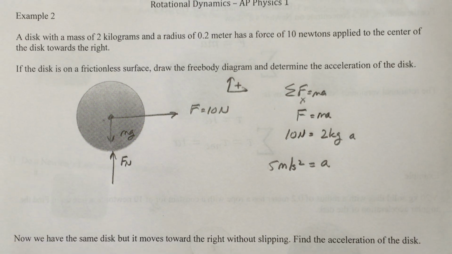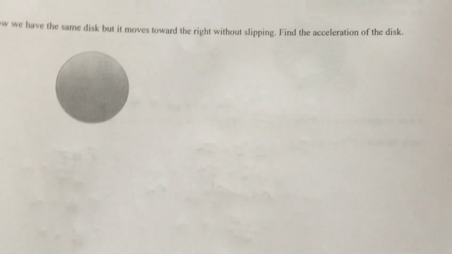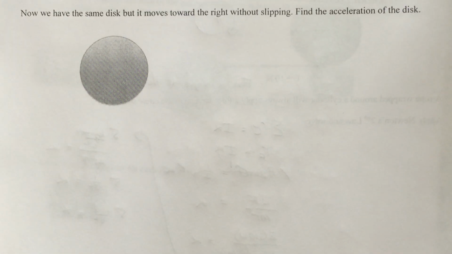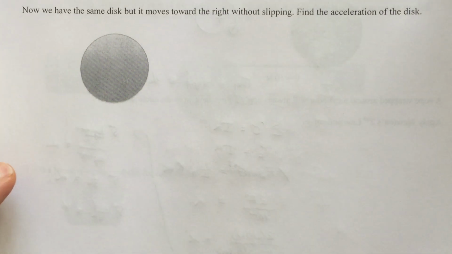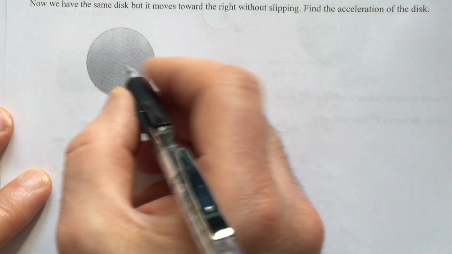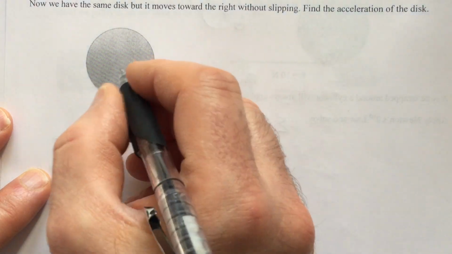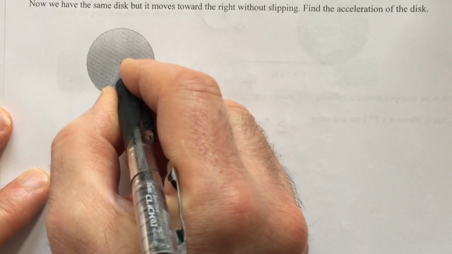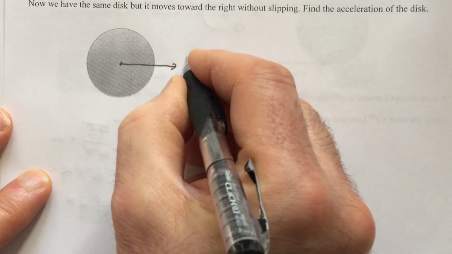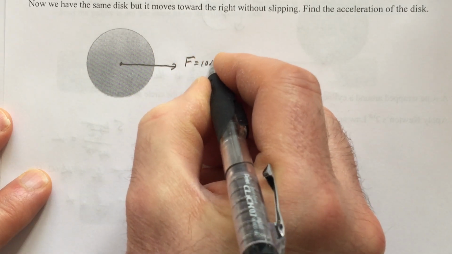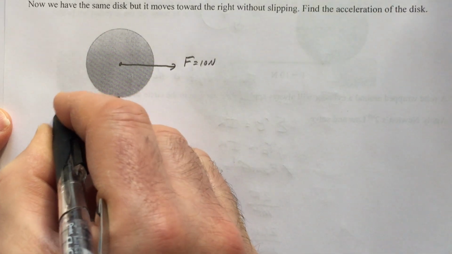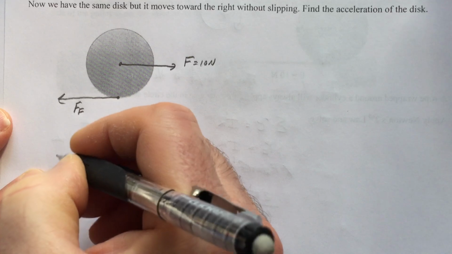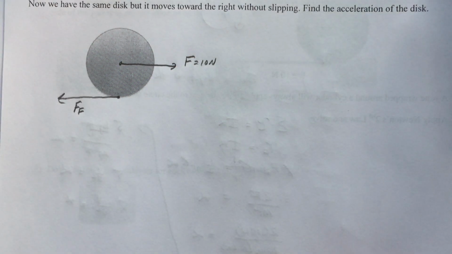Now let's ratchet it up a bit. Now we've got the same disk moving to the right without slipping. Let's find the acceleration of the disk. If it's not slipping, that means I may be pulling on it to the right with my force of 10 newtons, but acting backwards at the point of contact is going to be a force of friction, right?